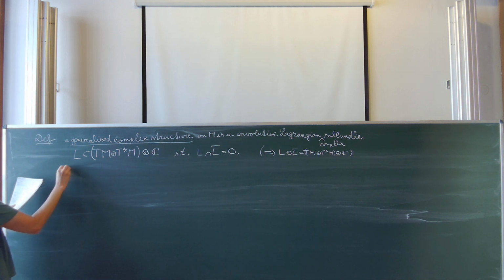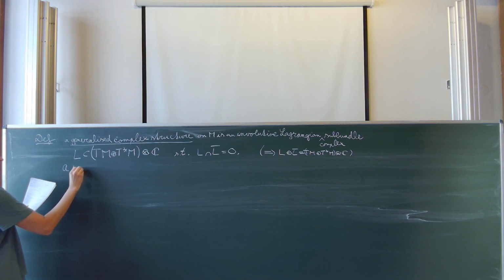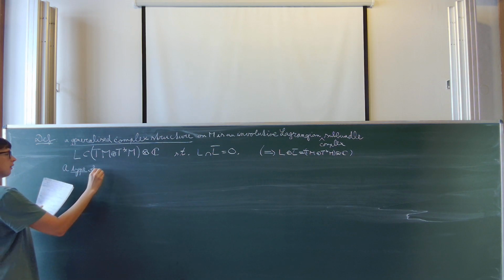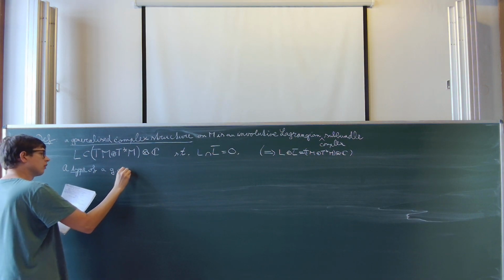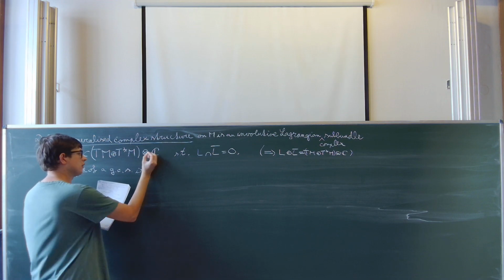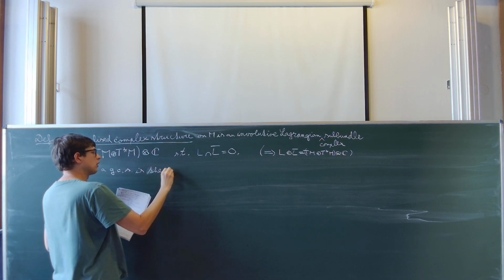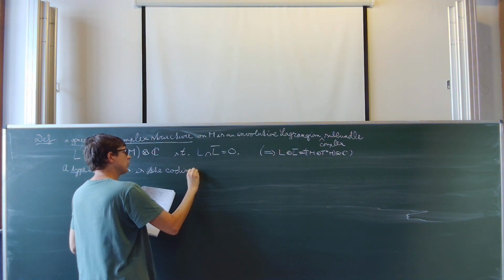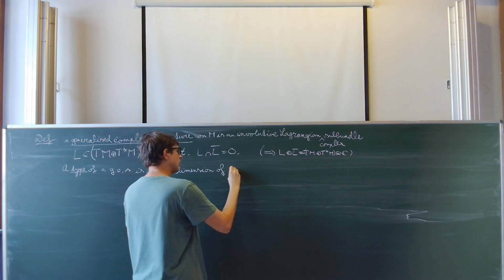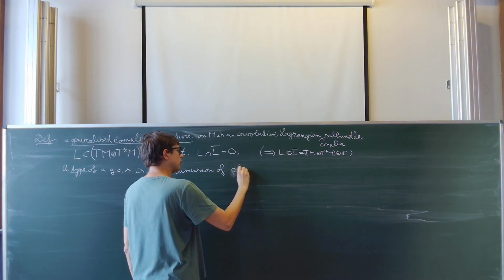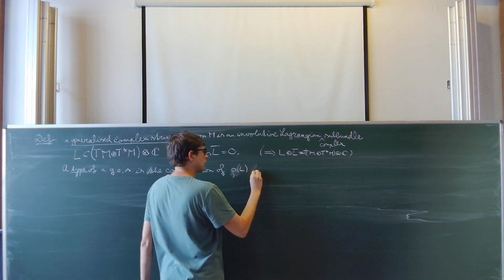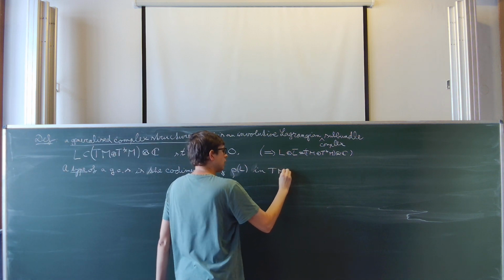Okay, and maybe one further sub-definition. Let's define the type of a generalized complex structure. This is defined as the codimension of the anchor acting on this L. This will produce something in T complexified.